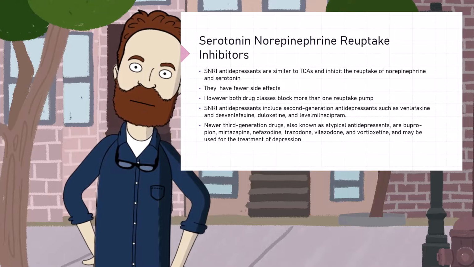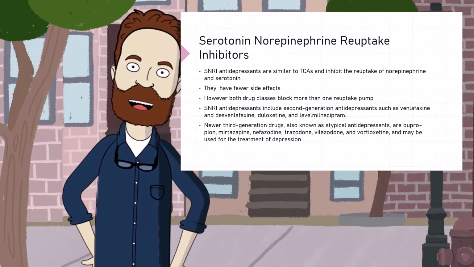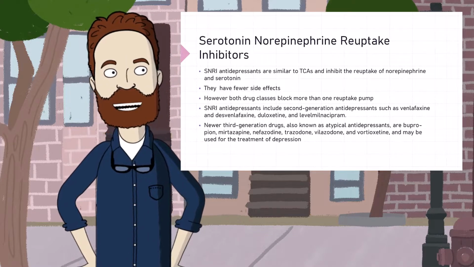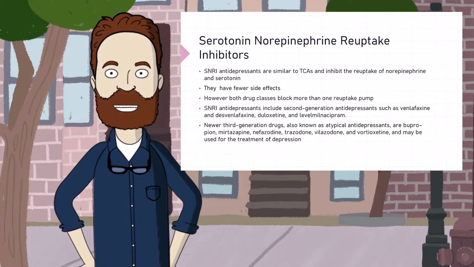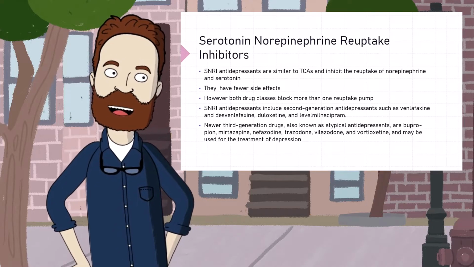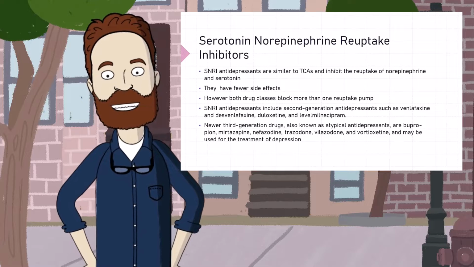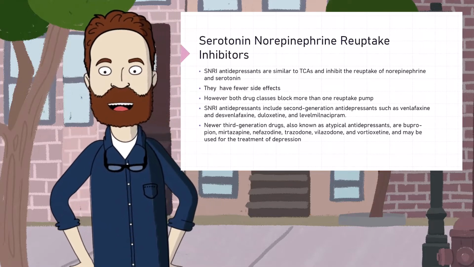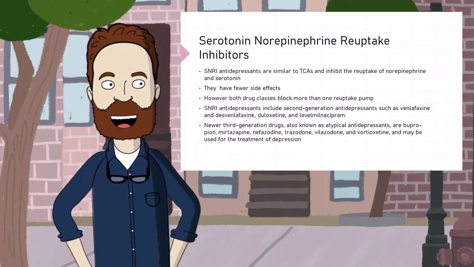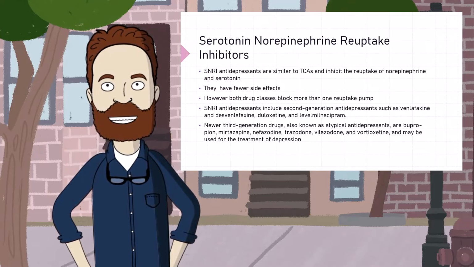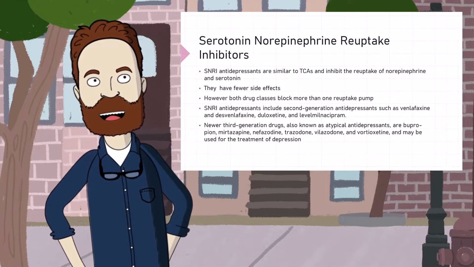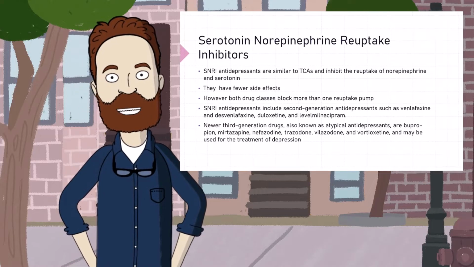And if we're talking about SNRIs, they are second-generation antidepressants, but there are also newer third-generation antidepressants. We call these atypical antidepressants. Some of these you might have heard of, like trazodone, which is a third-generation antidepressant. And these are used, again, to treat major depression and depressive disorders.